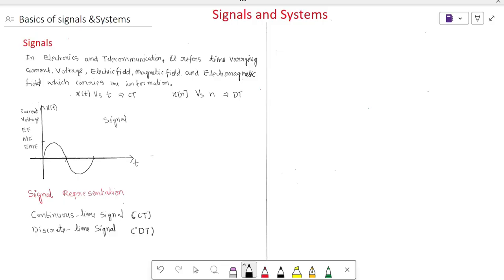Already in the explanation of the syllabus, I told you about CT and DT.